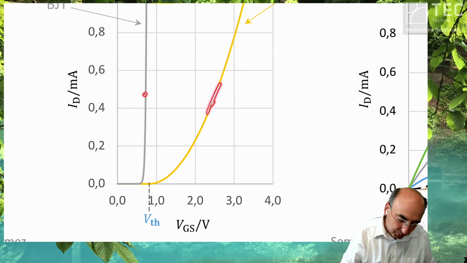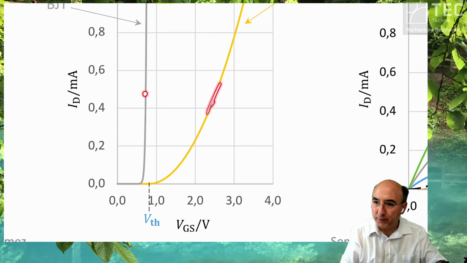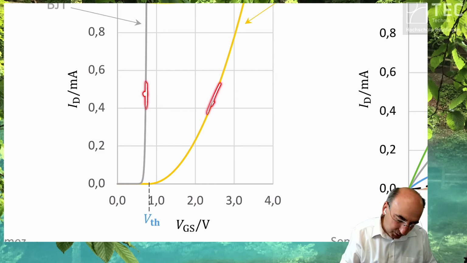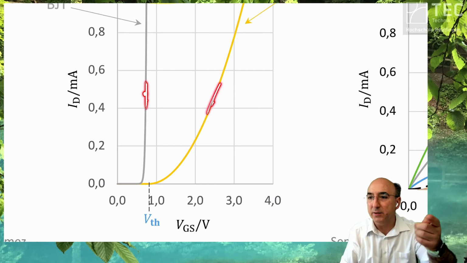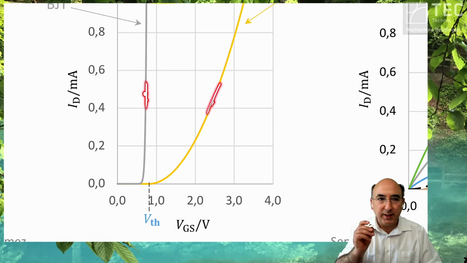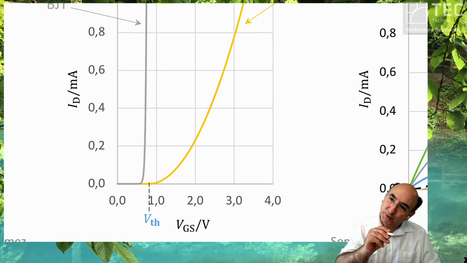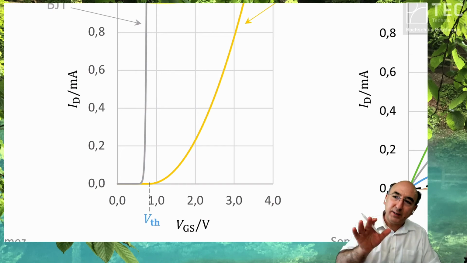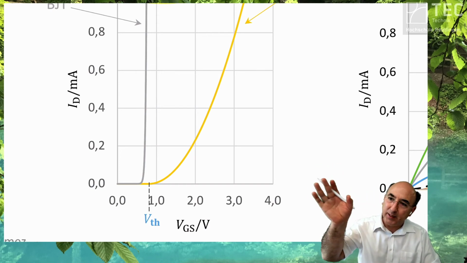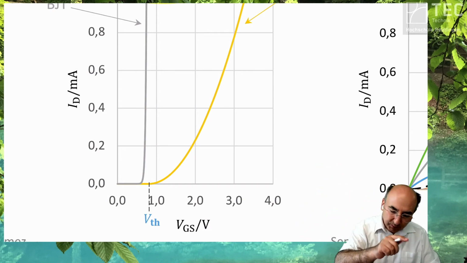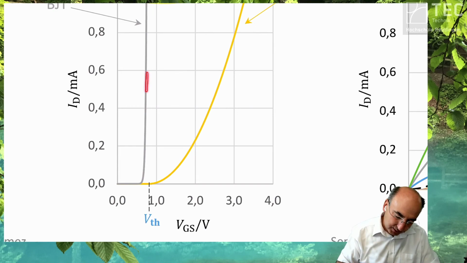And the equivalent bipolar transistor, you can't see the slope in this scale. That means the bipolar transistor is far ahead of any MOSFET if it comes to signals.